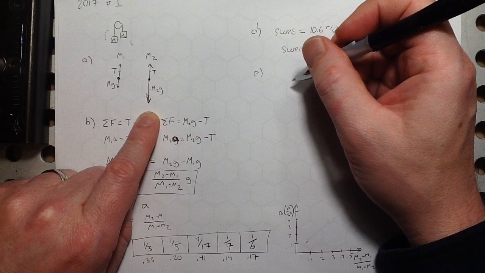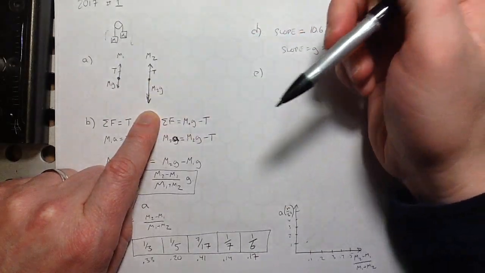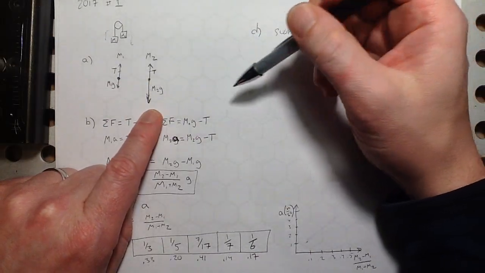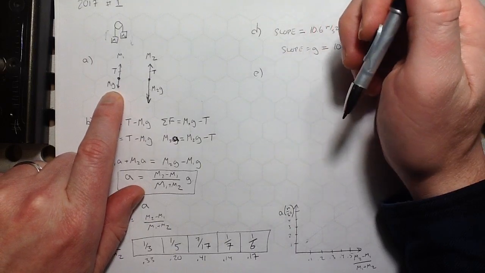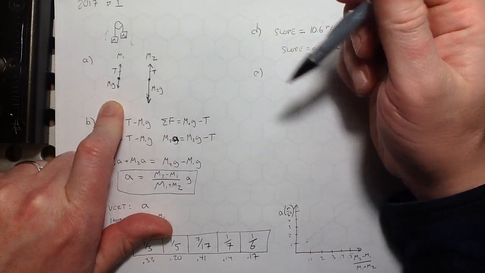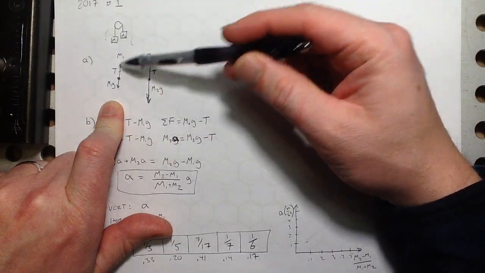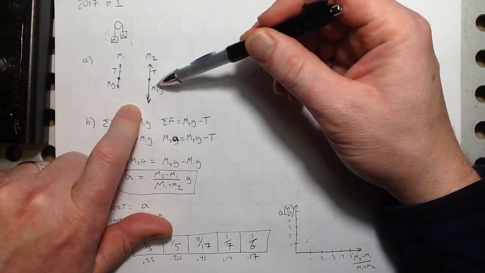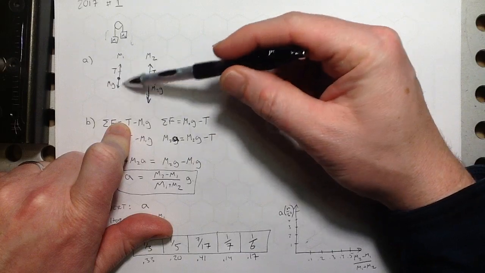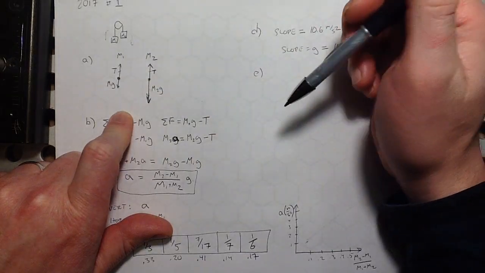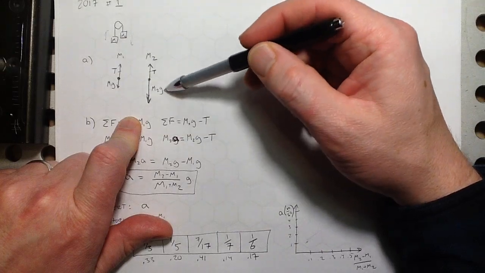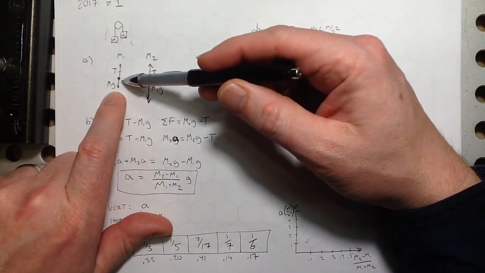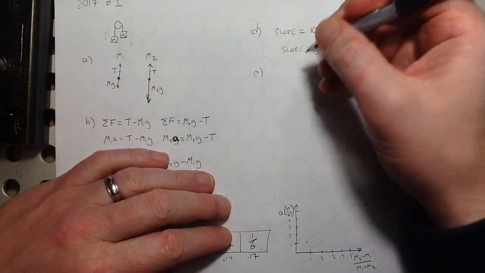Now that we have this block up on the top, the gravitational force on the first block is not involved in the net force on the system. Once the tensions cancel out, the net force here is this minus this. When they're hanging off the side, the net force is only this, because the gravitational force doesn't matter anymore.